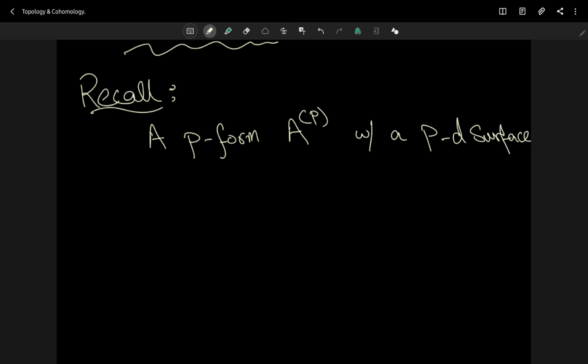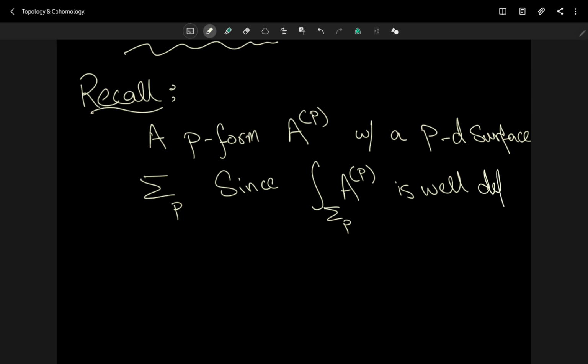It's naturally associated to a p-dimensional surface, and that is because this integral is well defined, right? And I talked about this in depth in the video on differential forms, and even in the topological field theories, so if you have watched that video as well, it would be even more useful to you. But differential forms is something that you should really know about.